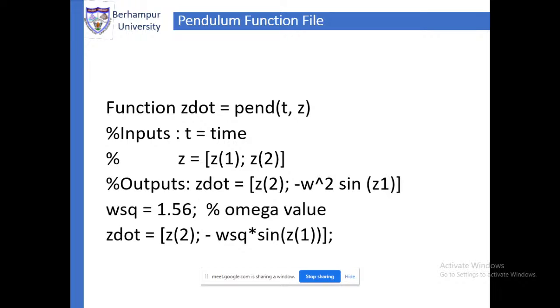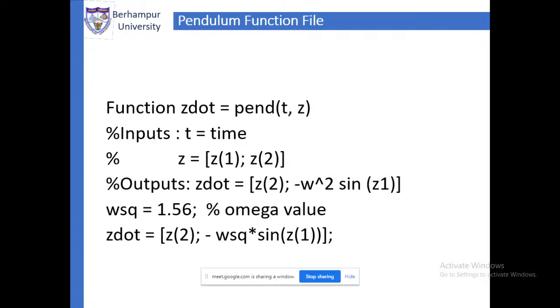To solve it, again we have to first define the function. Function z dot is equal to pendulum. We are writing the function for a pendulum: pendulum of t comma z. Inputs are t, which is time, and z for z1 and z2. Then the output is z dot, which is z2 comma minus w square sine z1. Now you can write WSQ is equal to 1.56, that is the given value of omega.